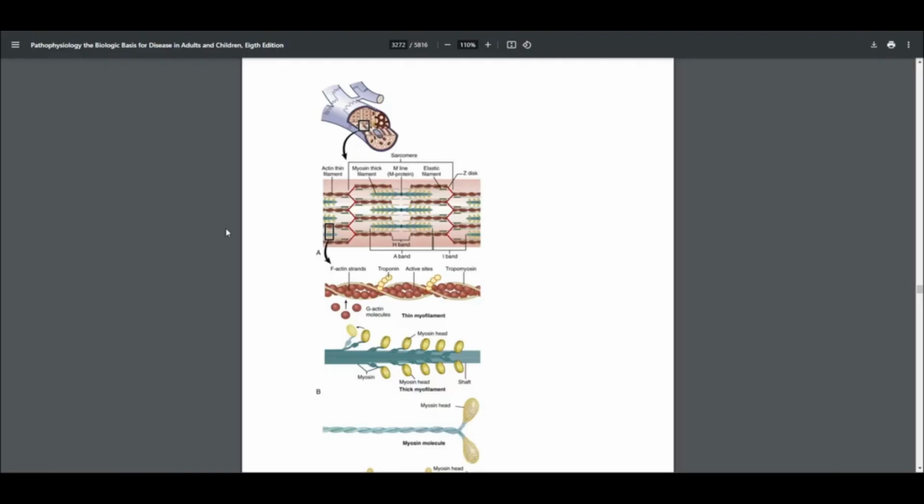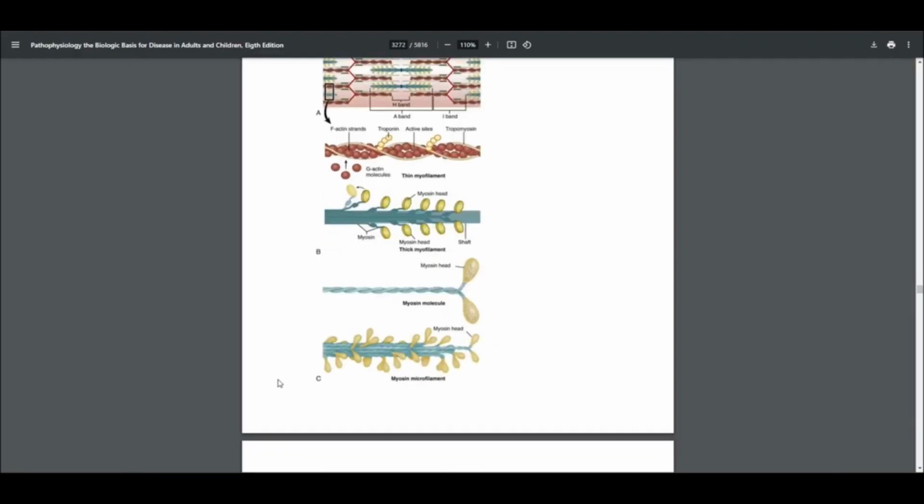Your F-actin strands, your troponin, which is that fun cardiac enzyme release, your active sites, and your tropomyosin, your G-actin molecules, your thin myofilament, which I guess shows our myosin head, our myosin, some more myosin head, the shaft, thick myofilament, myosin head, myosin molecule.